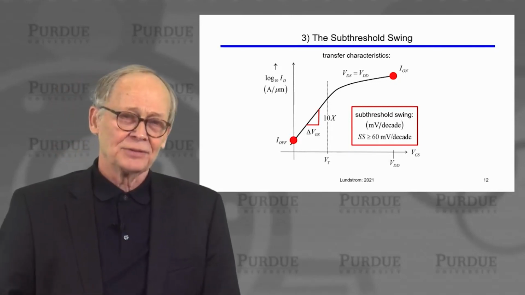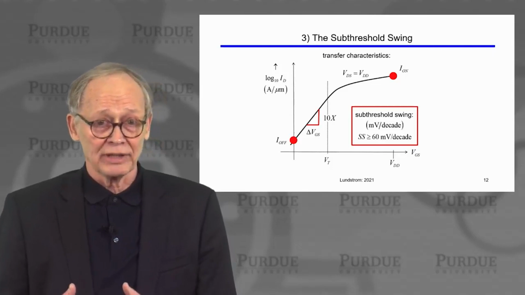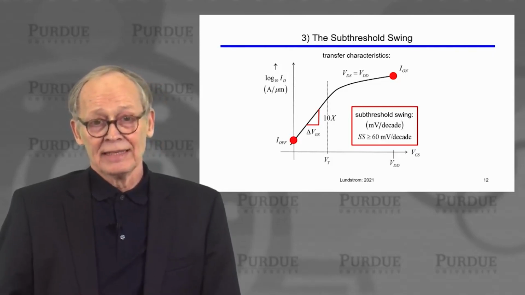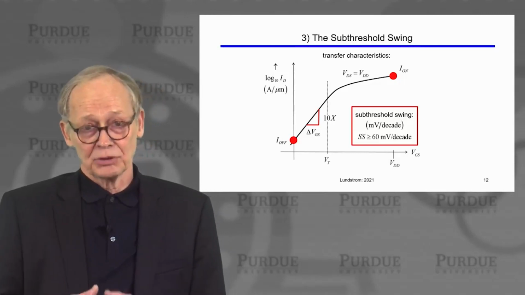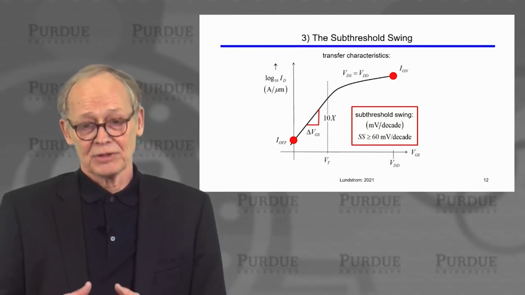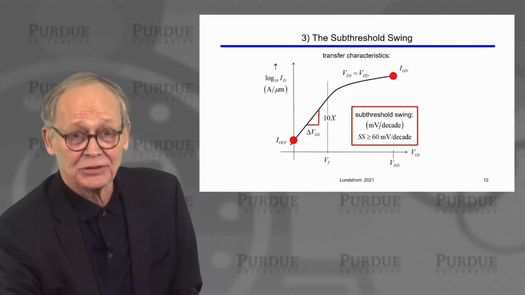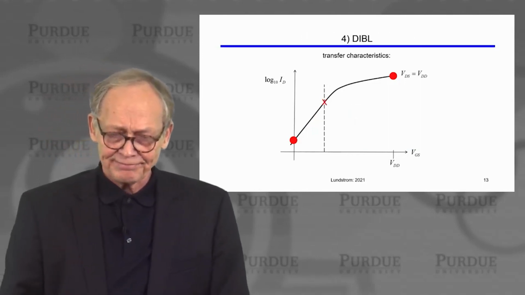And we discussed how there are fundamental reasons, that we'll discuss more later in this course, that subthreshold swing for a MOSFET at room temperature has to be 60 millivolts per decade or greater. So the goal of a transistor designer is to get as close to 60 millivolts as possible.